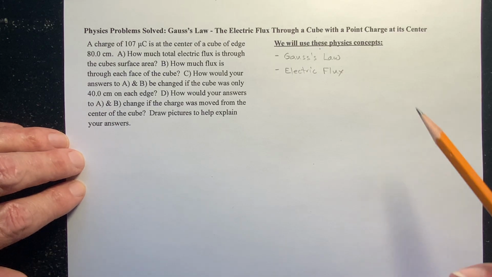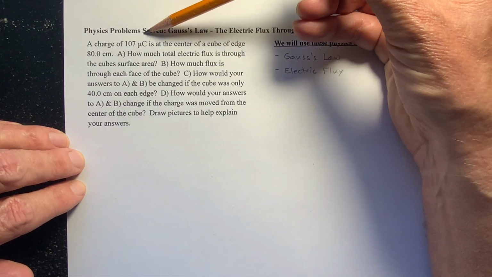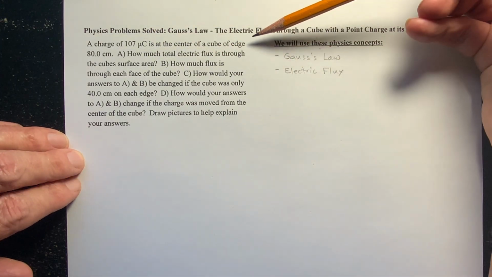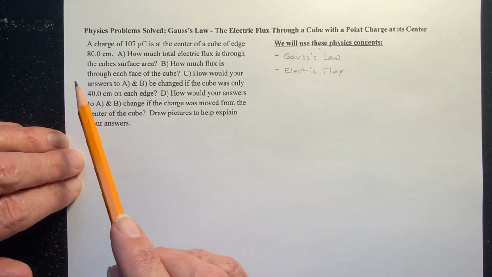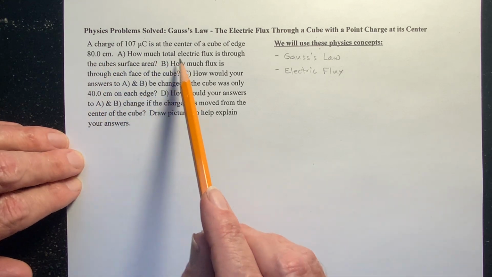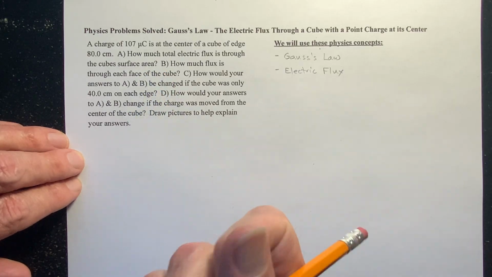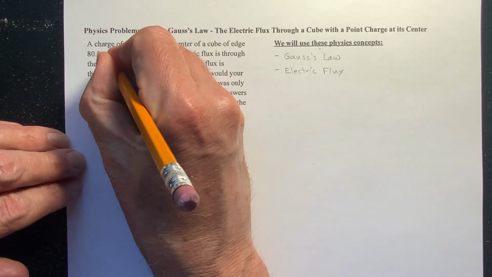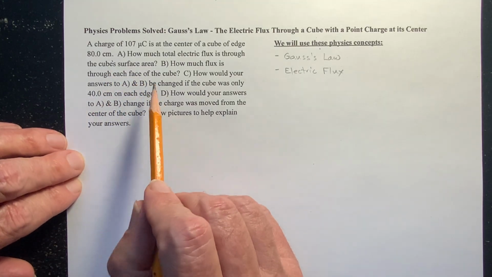And so let's read the problem. A charge of 107 microcoulombs is at the center of a cube of edge 80 centimeters. How much total electric flux is through the cube's surface area?